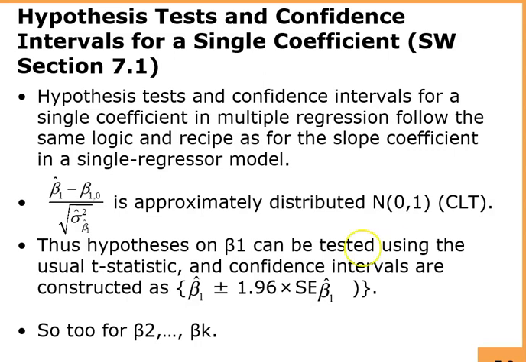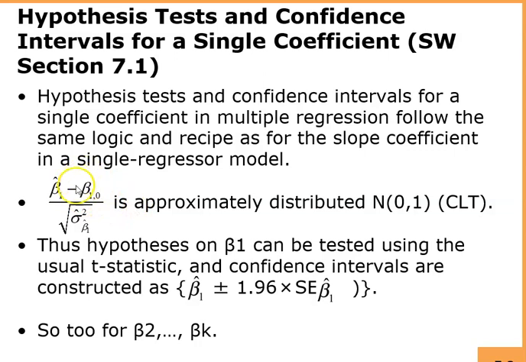So if you remember from the previous lecture, beta 1 hat is the coefficient which we estimate for the variable x1 in the regression equation. Beta 1 0 is our null hypothesis. So basically what we are testing for is whether beta 1 is equal to our described null hypothesis.